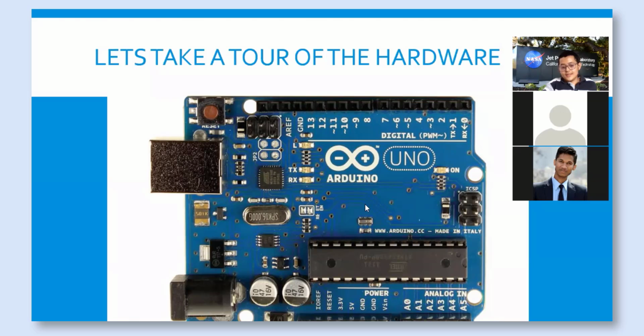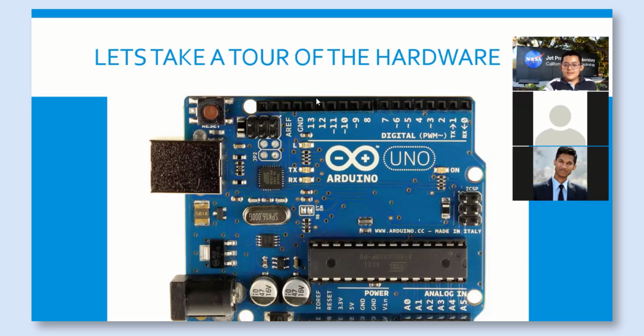How it does that is because here is a voltage regulator, LM7805, which converts 5 to 12 volts to 5 volts and then powers this ISP programmer and the main controller, which is Atmega 328.